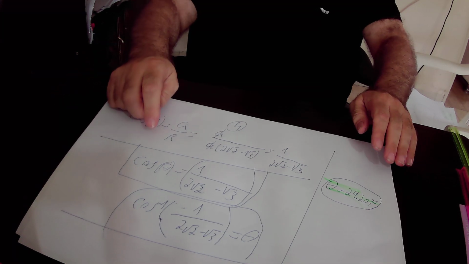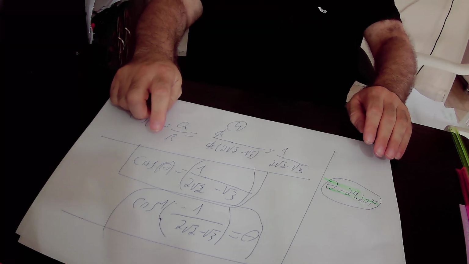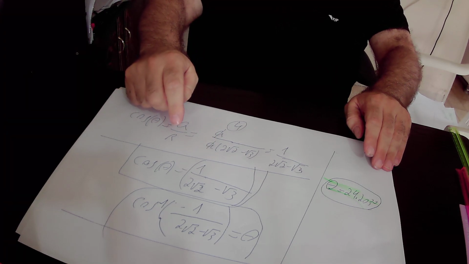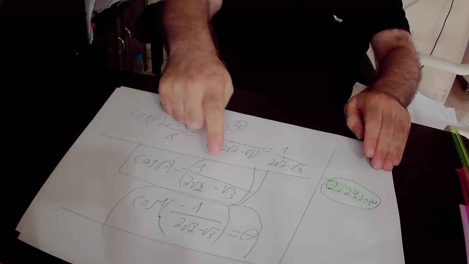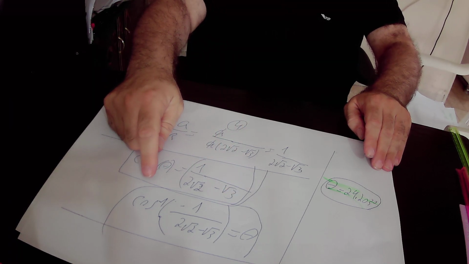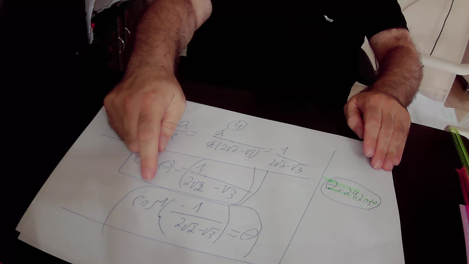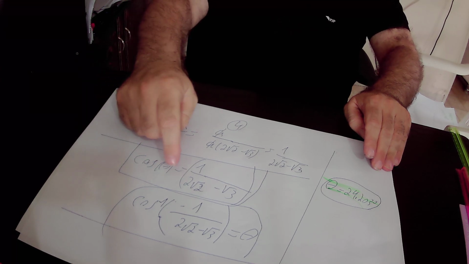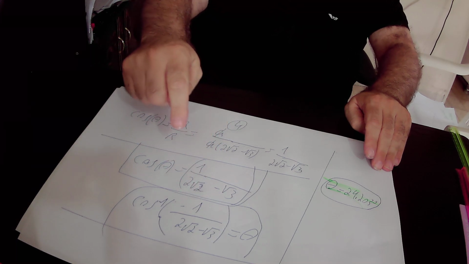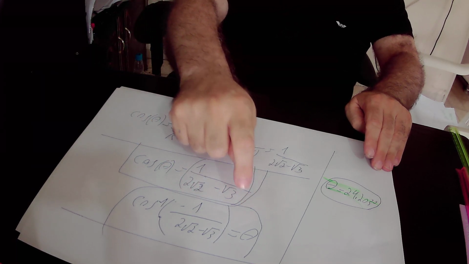Then, in order to find the value of theta itself, we operated the inverse function of cosine, cosine minus 1, on this expression, and this way we got theta itself.